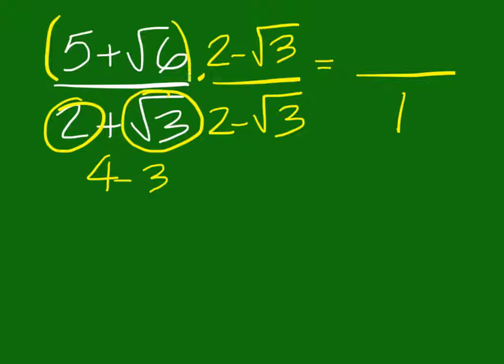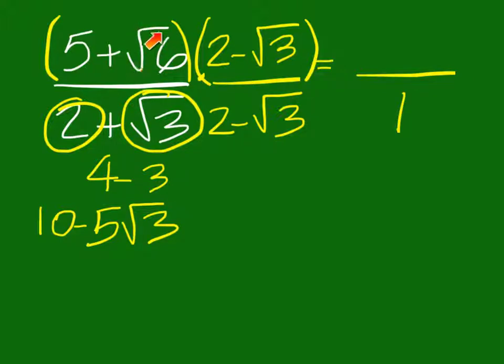Next, we go up to the top, and we have to multiply those two quantities together. Start with the 5 and multiply it by 2. 5 times 2 is 10. And then 5 times the square root of 3. That's minus 5 square root of 3.